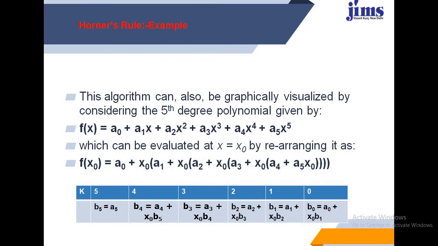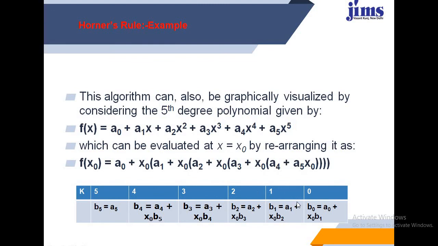So you just make a table and put the number of columns depending on the polynomial. If you have a 5-degree polynomial, you will put 6 columns starting from 0, 1, 2, 3, 4, 5, and firstly find the 5th column value, then use this 5th column value in the 4th column, and use this 4th column value in the 3rd column, and so on.